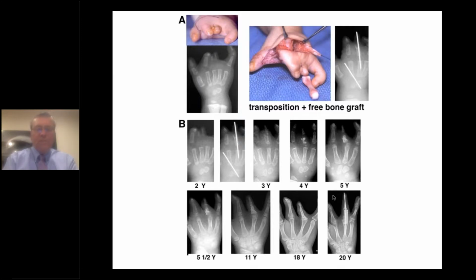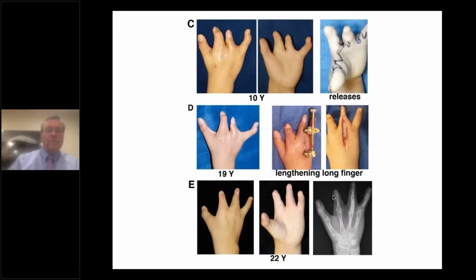It almost completely resorbed. Then it started to grow a little bit, and by the time she was 11, it had grown some more. And then at the time when she was 20 years of age, we did a distraction lengthening. Now, this whole time, the thumb and the index finger are functioning just well enough, and the fifth finger is also a pincer with the thumb.